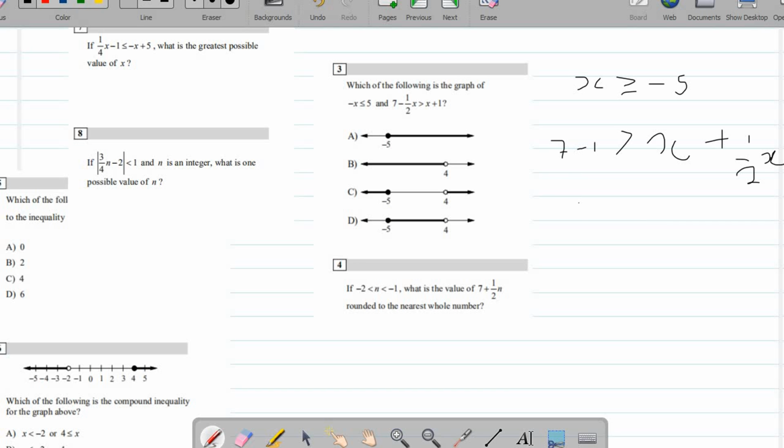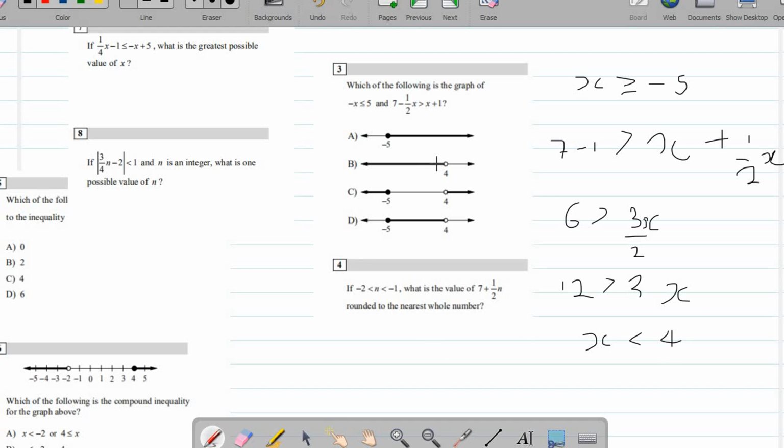And then 7 minus 1 is 6, which is greater than 3 over 2x. That's 3x over 2. And from there we could do 12 is greater than 3x, and then x is less than 4, because we flip it around.